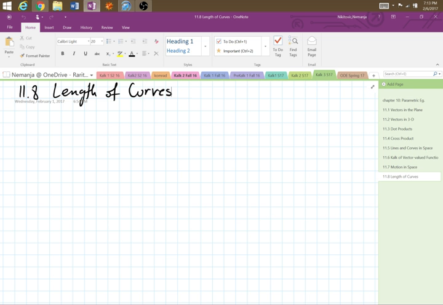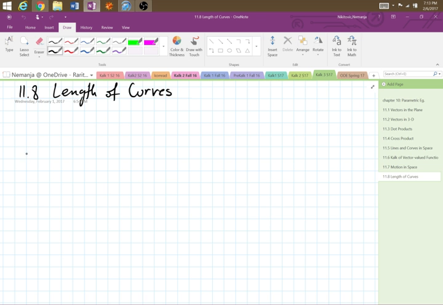Yeah, you can drive on it and measure it, but why make it simple if you can complicate things? So we can find the length of the curve using calculus and our vectors.